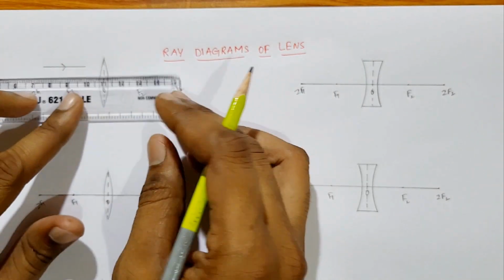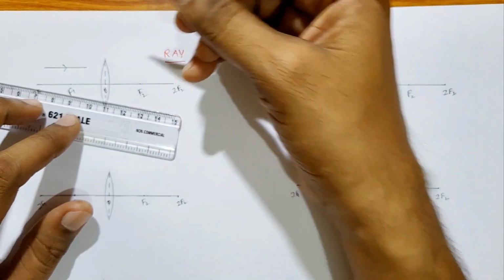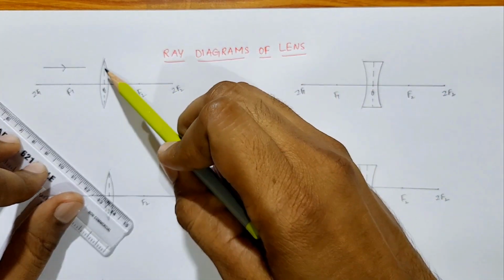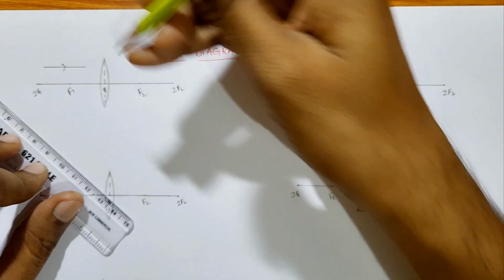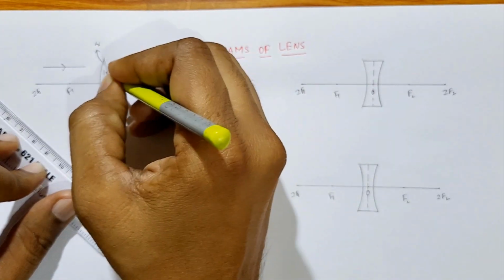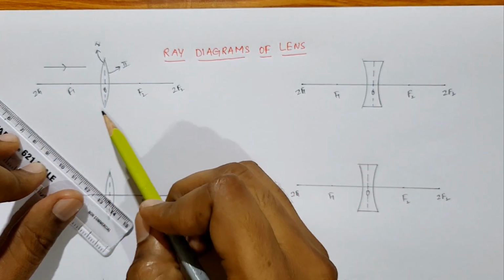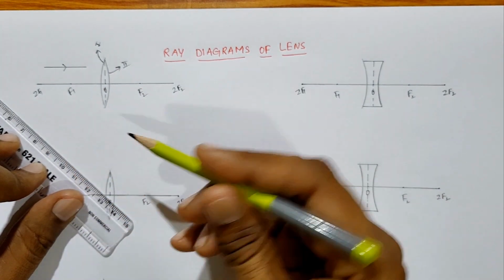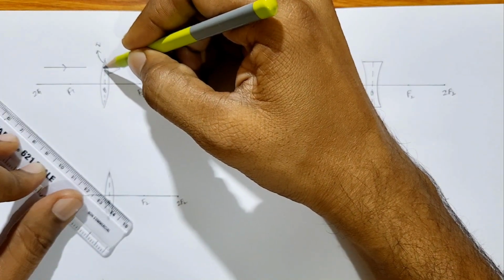So when a light ray comes parallel to the principal axis, first what happens, observe neatly. Here on this surface one refraction will happen. This will be the first surface and this one will be the second surface, correct? On the first surface refraction will happen and it will bend towards the normal and come in this direction.